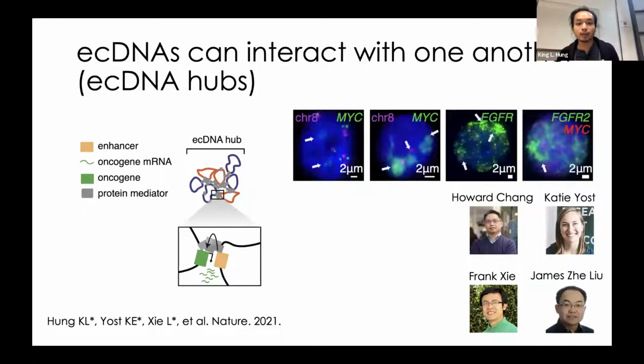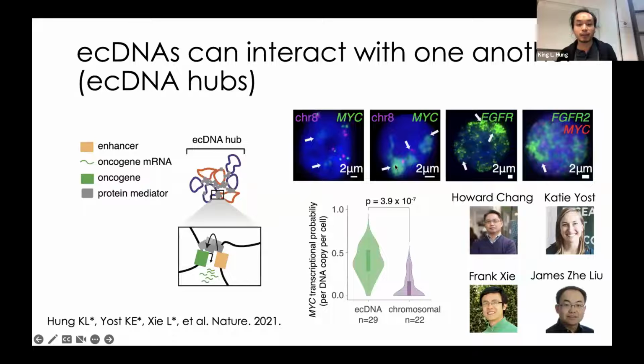When you look at nuclei of cancer cells with ecDNA, you actually see clusters of many copies of ecDNA. So you see all these molecules in proximity, and these clustered molecules have higher transcriptional activity compared to both the native chromosomal locus and non-clustered molecules.